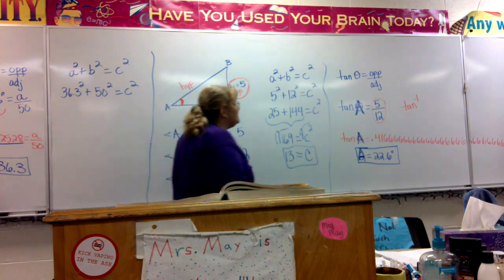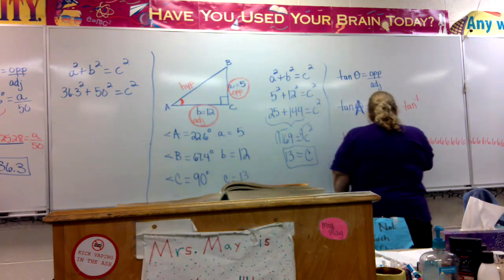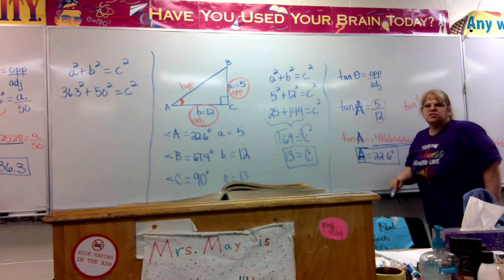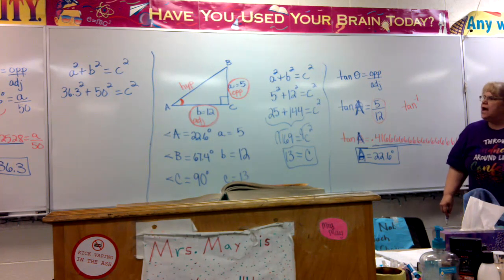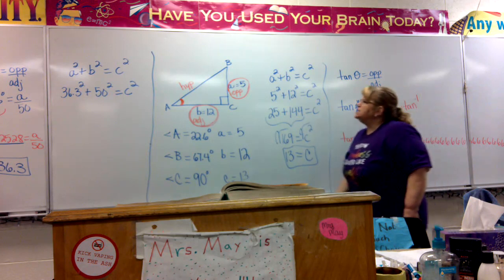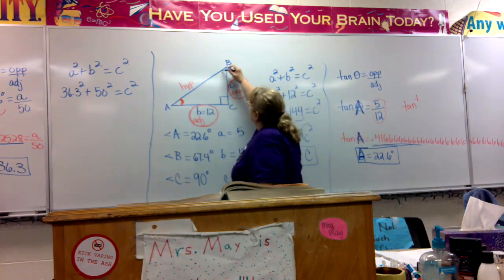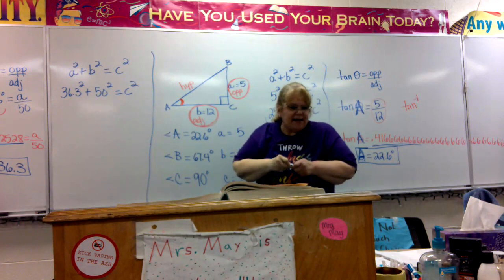Can everybody get this? Were you able to type this in and then the inverse tangent? Does it make sense? And remember, if you wanted to use angle B as your angle, you could do that.